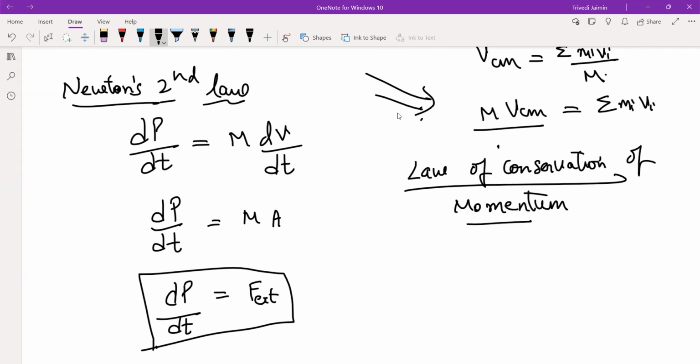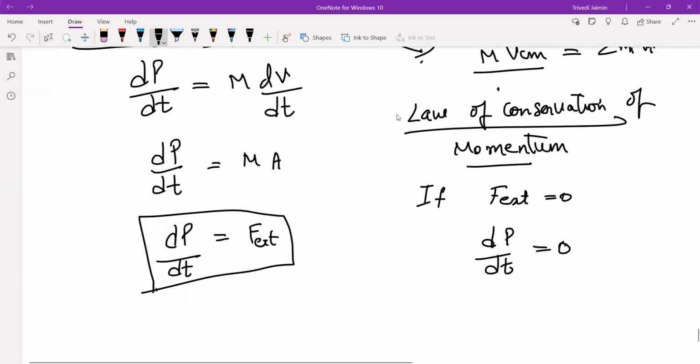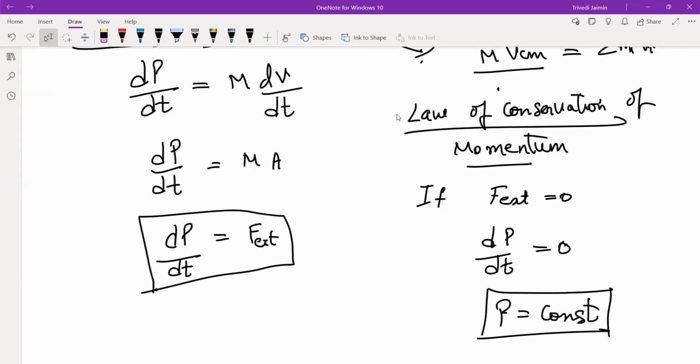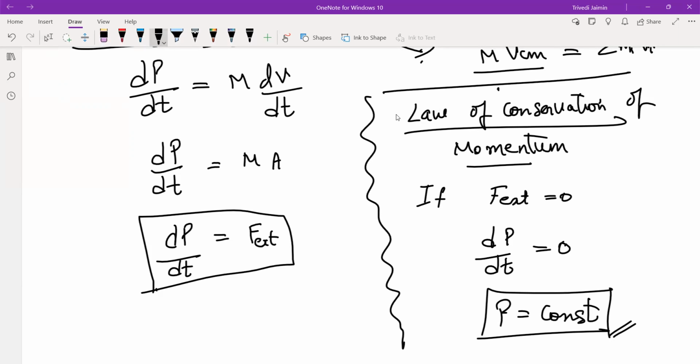That means the net external force should be 0. So if F external is equal to 0, that means dp by dt is equal to 0. Therefore, P is constant. Clear? Yes, sir.